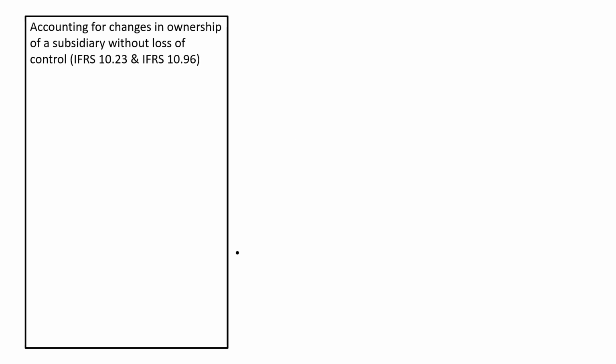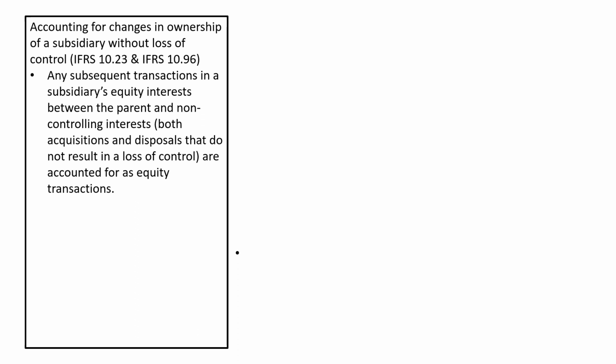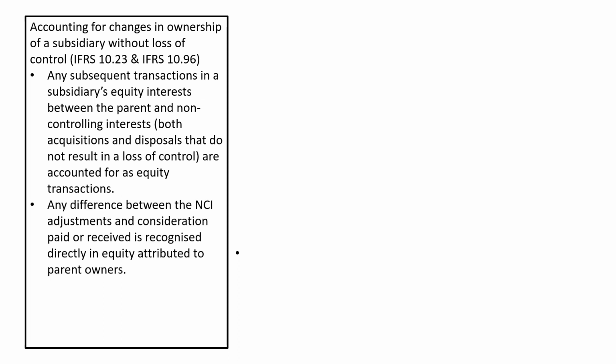Let's look at the accounting requirements for changes in ownership without loss of control. Any subsequent transactions in a subsidiary's equity interest between the parent and non-controlling interests, both acquisitions and disposals that do not result in a loss of control, are accounted for as equity transactions in the parent company.